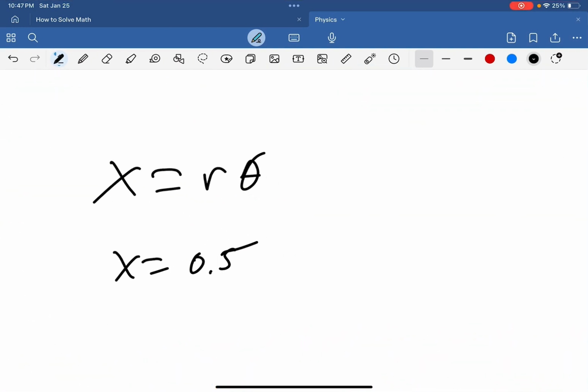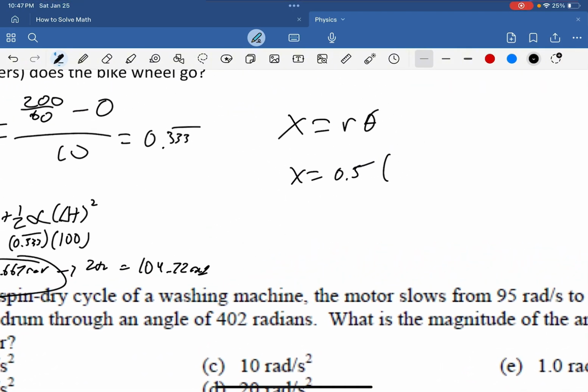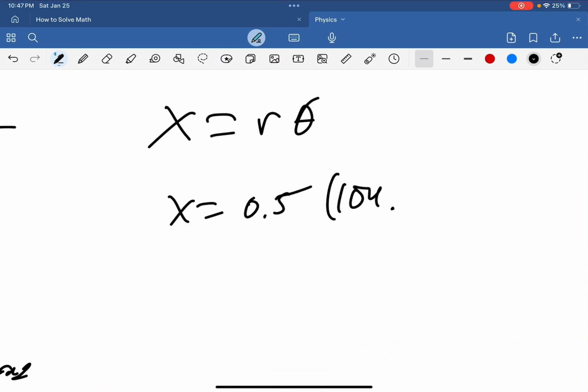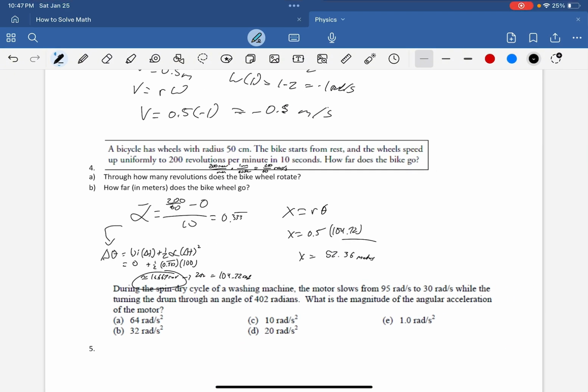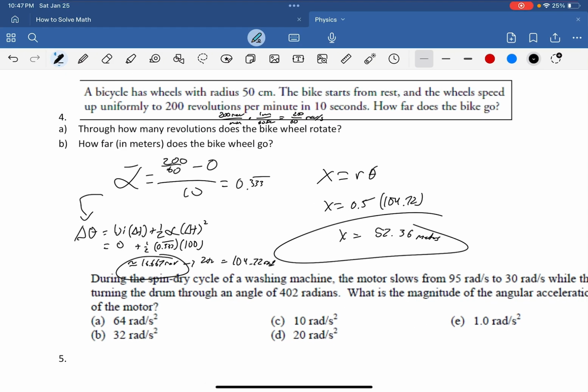The wheel's radius is 0.5. My apologies. 0.5 times 104.72. So let's do that, and we should get a linear position of 52.36 meters. That's how far the bike wheel goes, right? Although the teacher got 86. I don't really mind though.